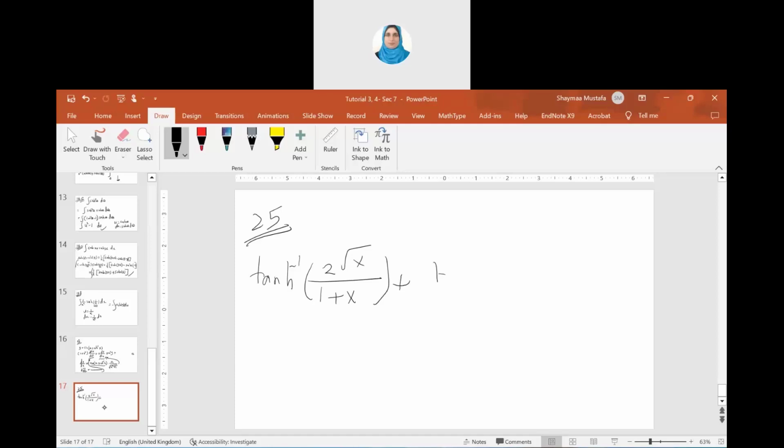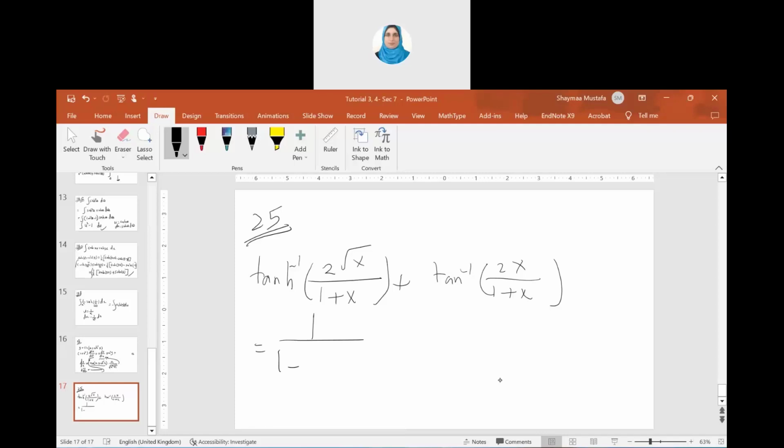But here it is a composite function, not a multiplication function, okay? So this part, tan inverse, because I need to check the formula for tan inverse. 1 over 1 minus u square.